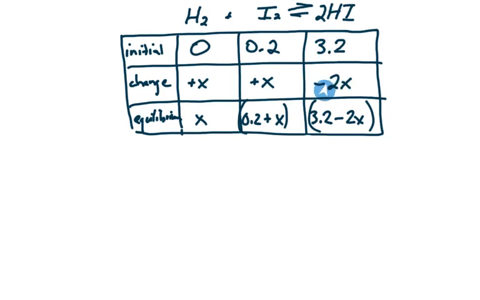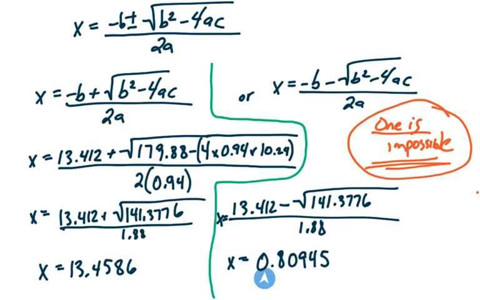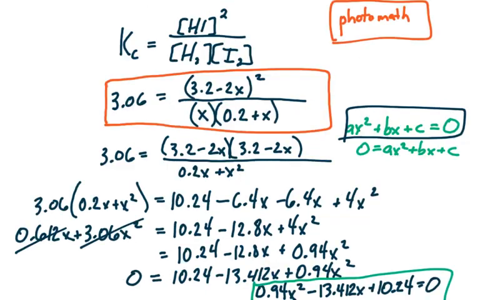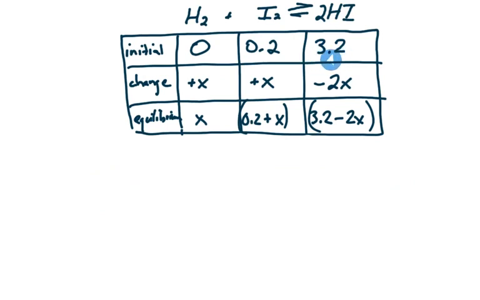I can't have a negative concentration, right? Can't go below 0 for a concentration. It's either there or it's not. Whereas here, this is so small, 2 times 0.8 is about 1.6. That will still leave me with some. If I start with a concentration 3.2 molar, and if it's decreased by 1.6 molar, I still have some left. So that makes more sense, okay?